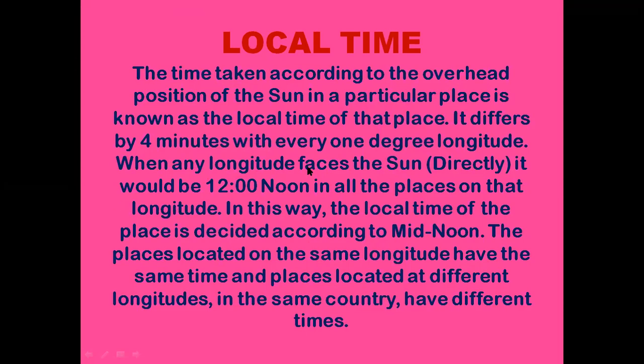When any longitude faces the sun directly, it would be 12 noon in all the places on that longitude. In this way, the local time of the place is decided according to mid-noon. The places located on the same longitude have the same time, and places located at different longitudes in the same country have different times.